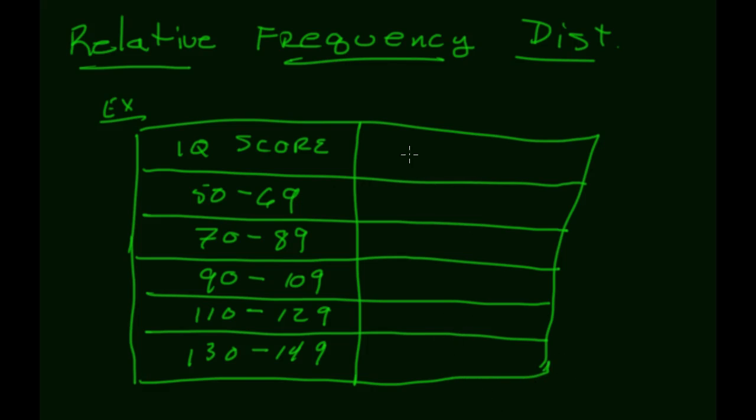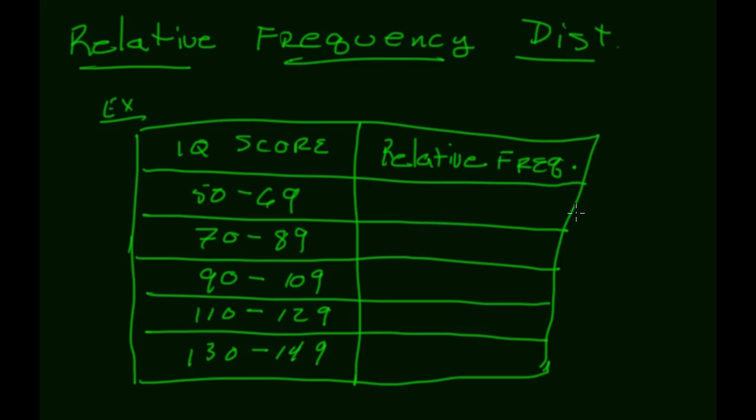So today what I'm going to do is I'm going to give a relative frequency. And now you may be asking yourself, what is a relative frequency? Well, a relative frequency is not so much how many in the population are in that class, but what percentage of the population is in that class.